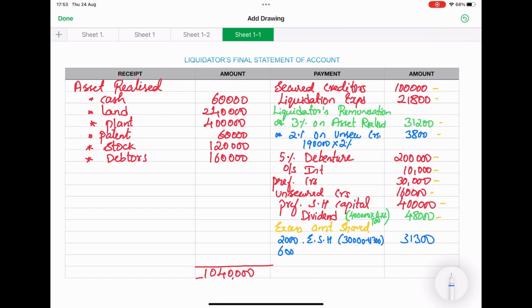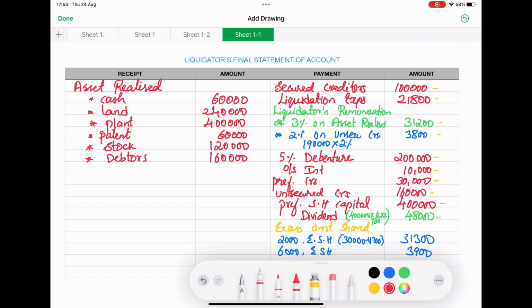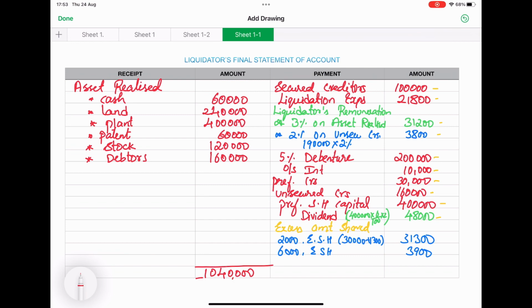The 6,000 equity shareholders will get 3,900. If you add, the total will be 10,40,000. It should match, credit and debit should match. Based on this value only we are going to calculate, total receipt minus total payments. So total receipt will be the same value, so obviously it will get tallied. Okay, this is regarding the question.